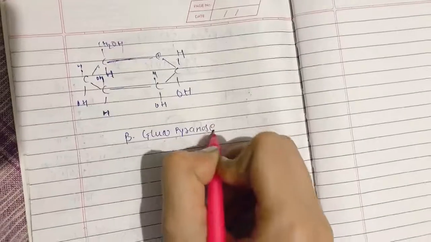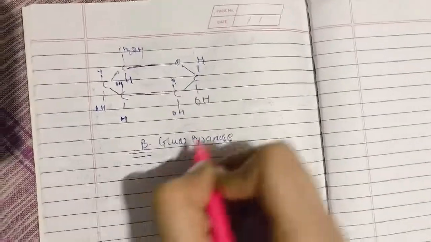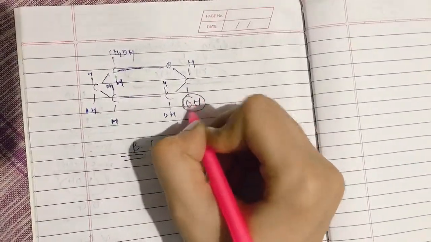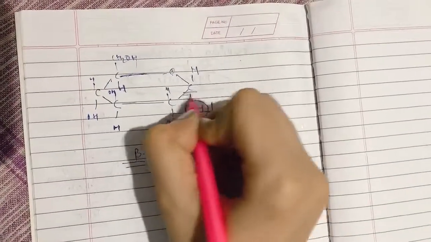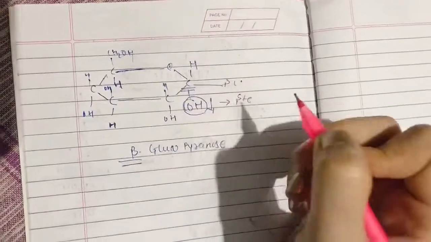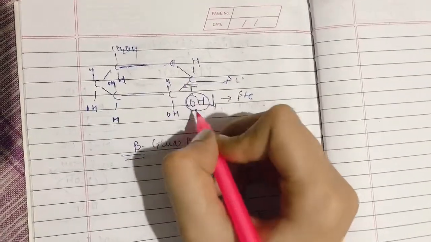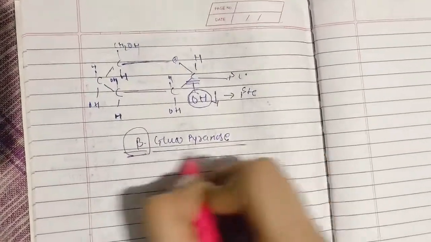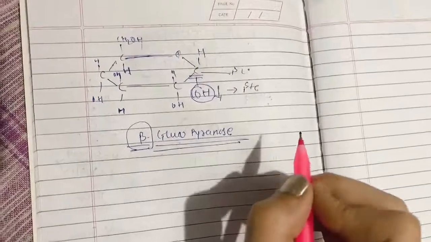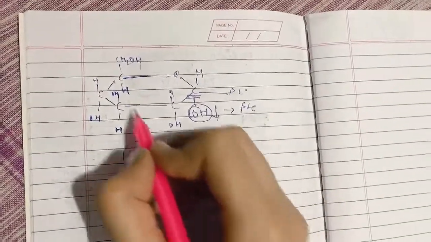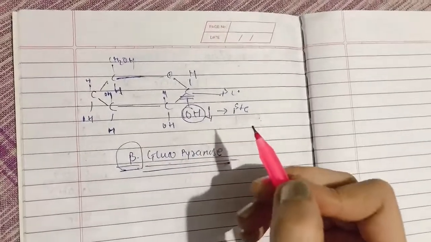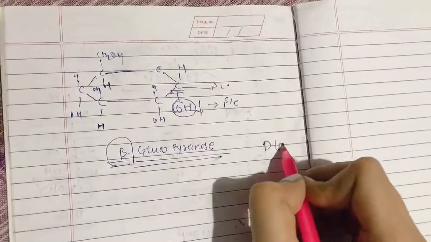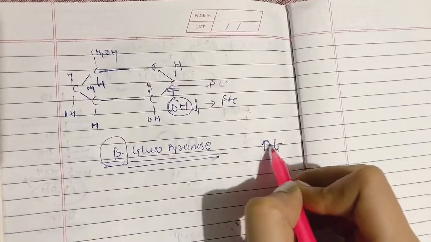Okay, so this is the structure of our beta glucopyranose. Now why is it known as beta? You can observe over here that OH group is placed at the bottom of our first carbon. So OH group is placed at the bottom of the first carbon, hence it is known as beta glucopyranose. One thing more I want to tell you is that we are placing the elements according to the dextrorotatory glucose.